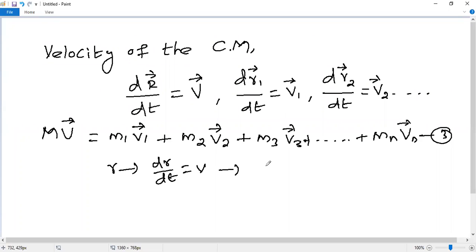One more time differentiation, dv by dt, is equal to acceleration. Same thing I am following here. One time differentiation is already completed, and the second time I am differentiating.